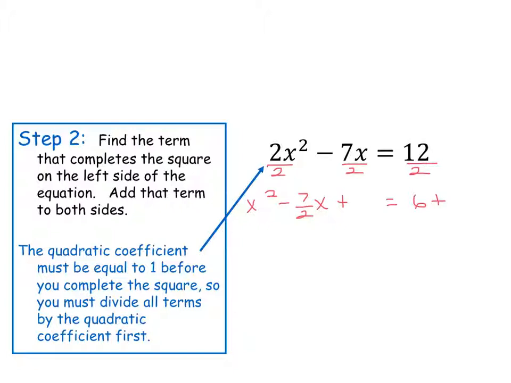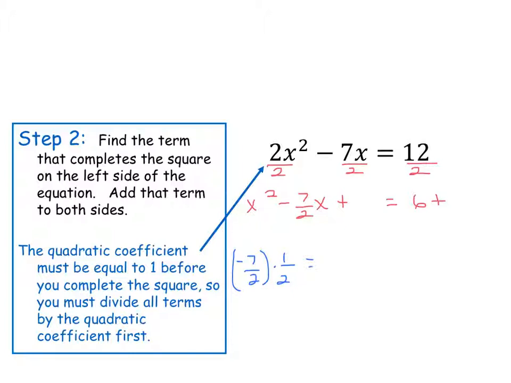Now we can complete the square. So completing the square again involves taking your b term, which is negative 7/2, and taking half of it. Well, taking half is the same as multiplying by a half.